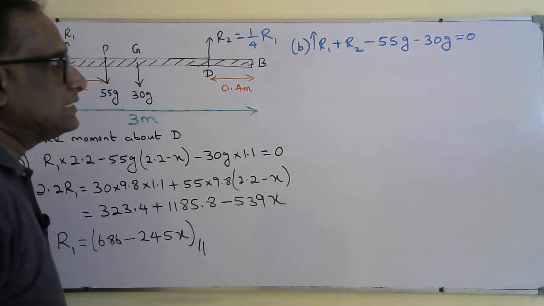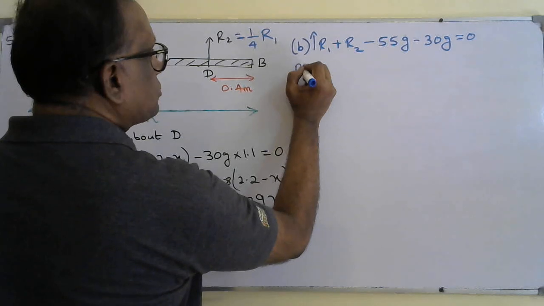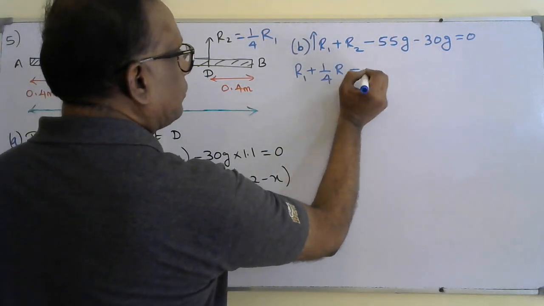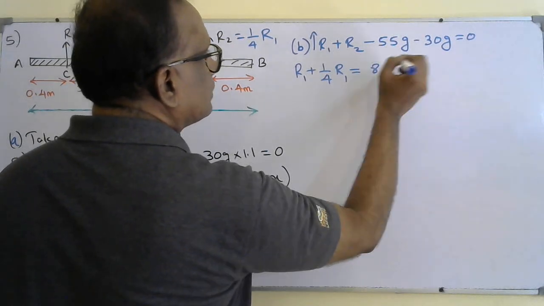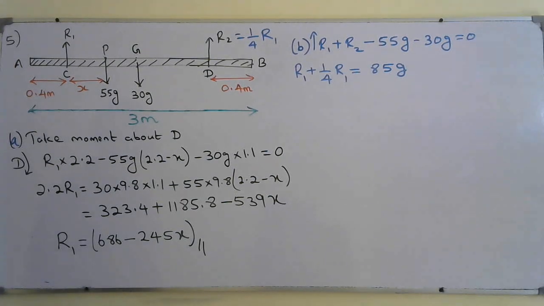That is going to be 85g. Instead of R2, I substitute 1/4 of R1. So R1 plus 1/4 of R1 equals 85g. You can substitute the value of g also there.